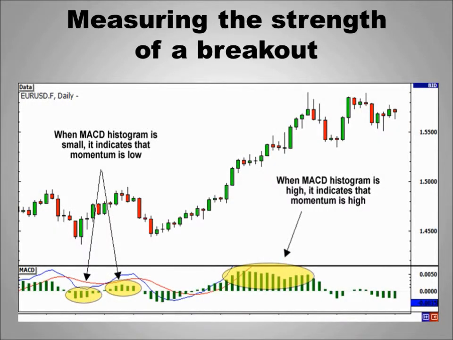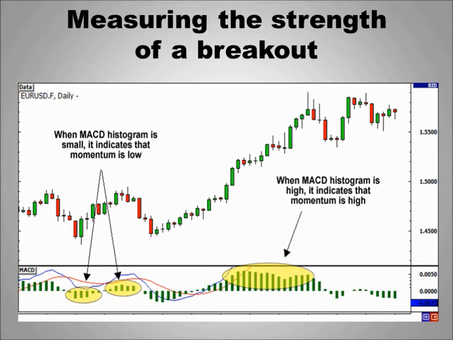Okay, so again, we're going to use the MACD in order to measure how strong the breakout is. Why the MACD? Because it has histogram bars, and large bars determine how strong the market is. Let's look on the left here.